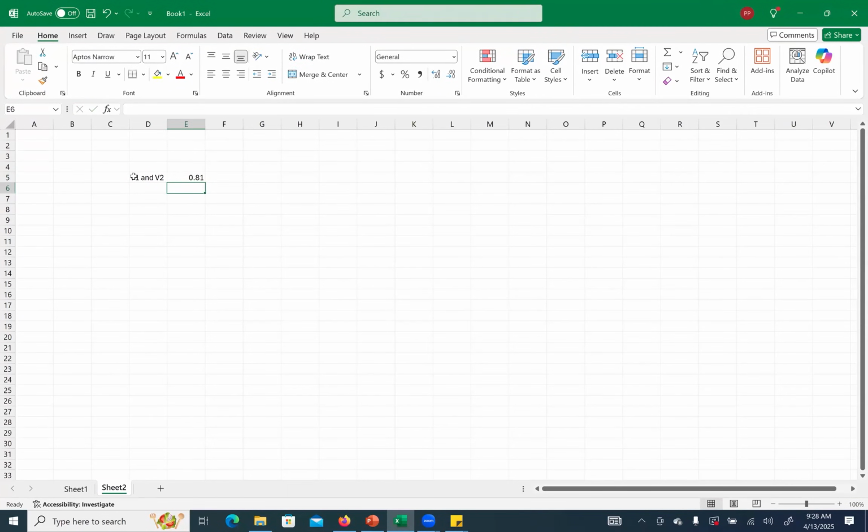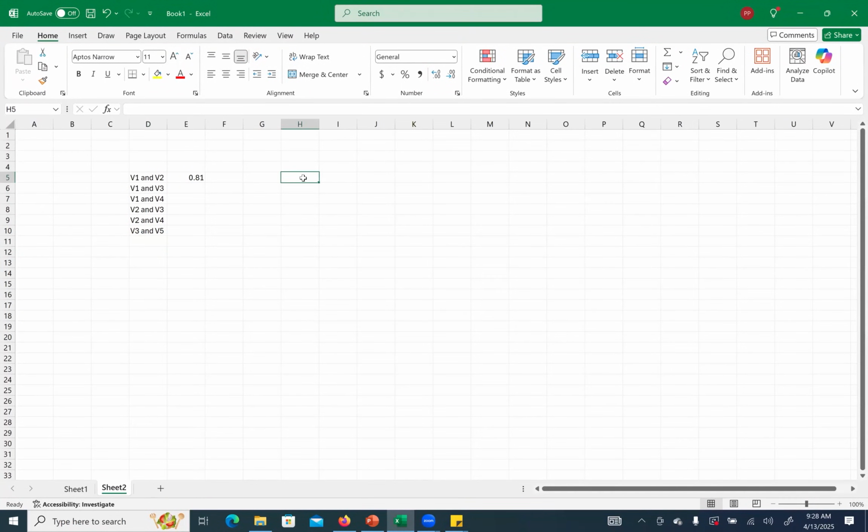Done. Which is nice when you have two variables. But what if you have multiple variables? Then you will start writing v1 and v3, v1 and v4, then v2 and v3, v2 and v4, v3 and so on, right? When you have multiple variables, it will make a long list.